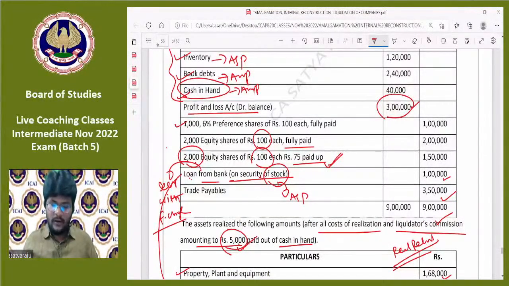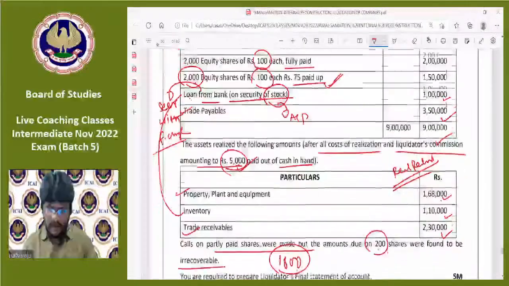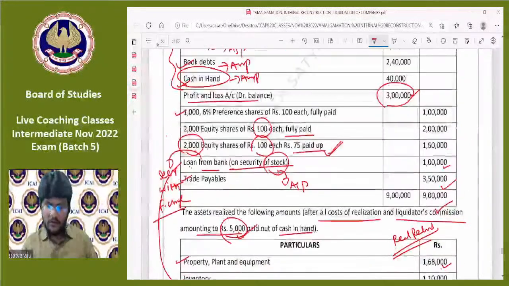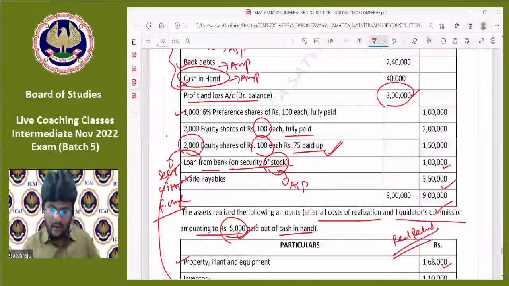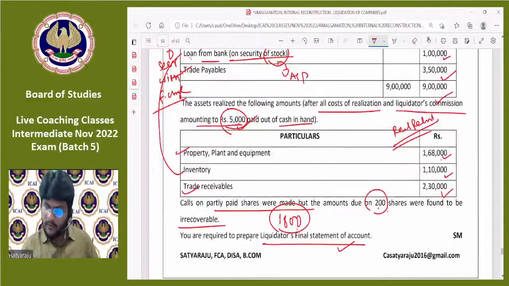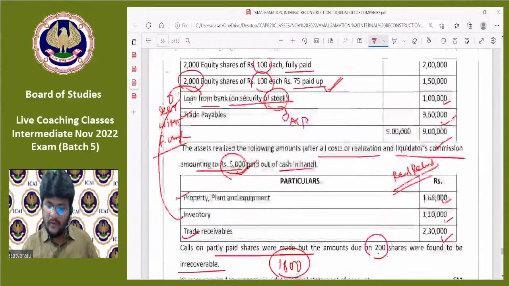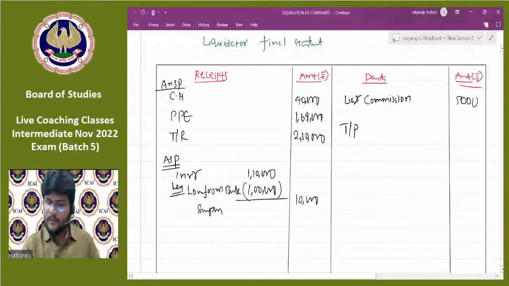So unsecured creditors, trade payable is an unsecured creditor. Apart from that, any other unsecured creditor is available? No. That's why you can go for payment for trade payables, guys. Trade payables, how much? Is there anywhere provided how much they are providing? If nothing is given, we can directly take the book value, which was 3,50,000. Now, all of you please check how much cash is available with the liquidator.